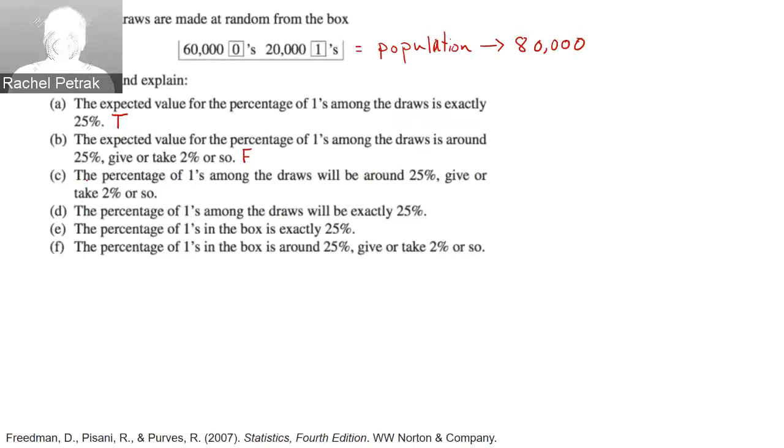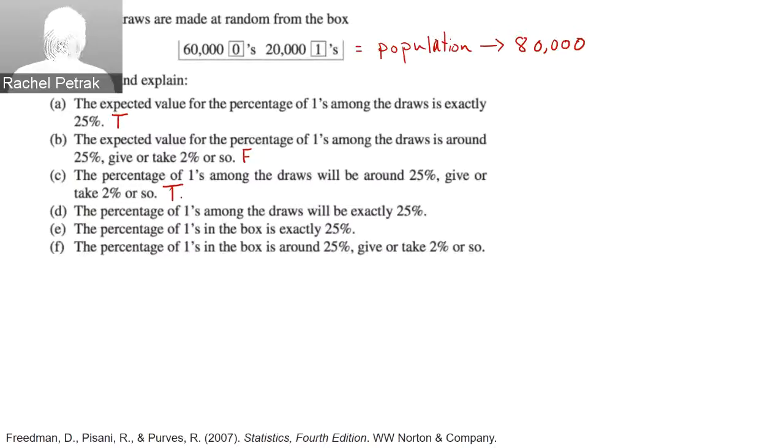Now item C: the percentage of ones among the draws will be around 25%, give or take 2% or so. Well, this one is true again.